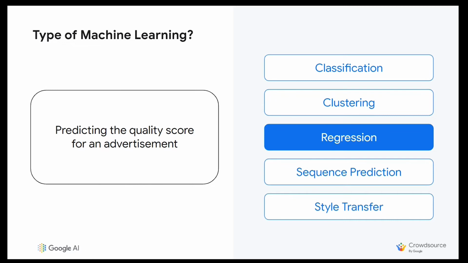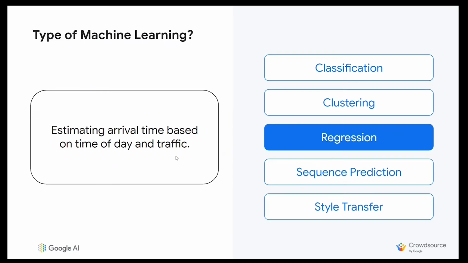A number is something that lies between a particular range. Here we are trying to find the quality score. So when you are trying to predict a score or a number, you use regression. So for this particular application of ML, we use regression.